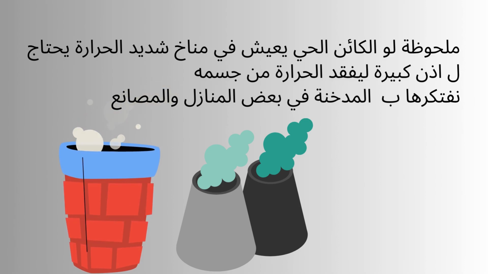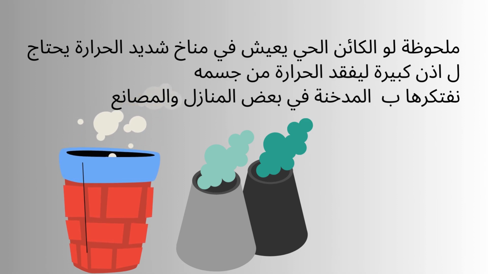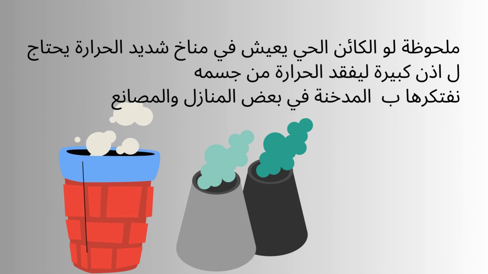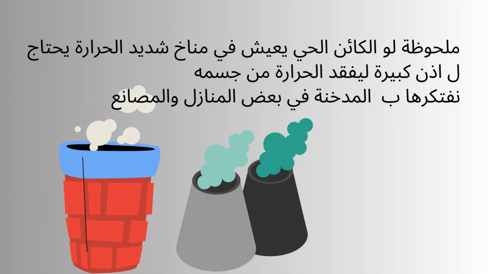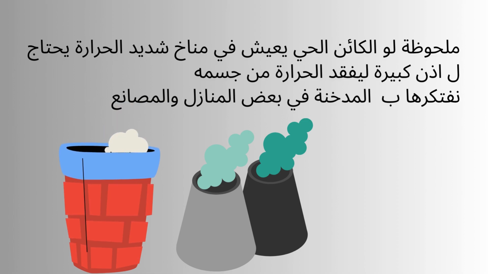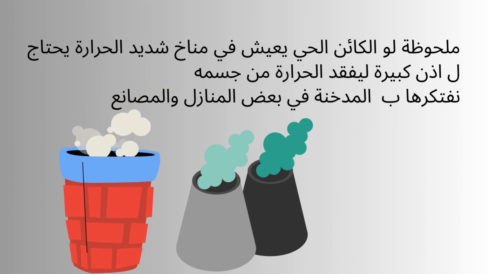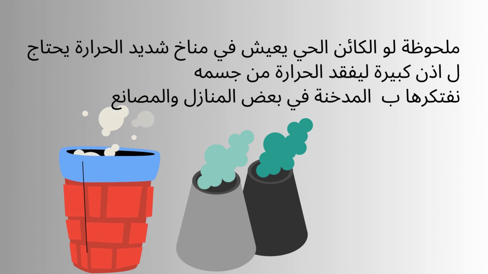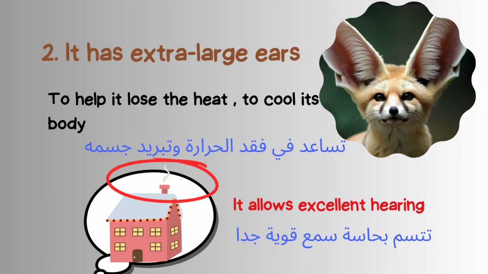Help the organism to lose heat. To remember this point, it looks like a chimney in some houses, or factories. Okay, it has chimneys. Why? To lose heat. As you see, these chimneys bring out the heat. So here it has extra large ears to help it lose the heat to cool its body.